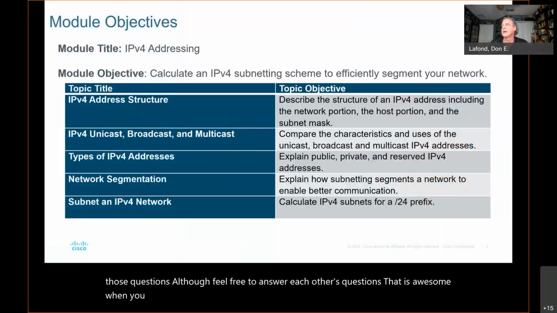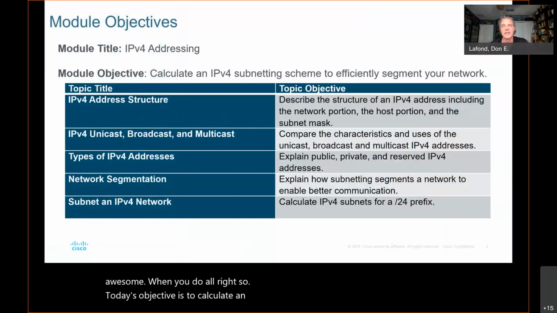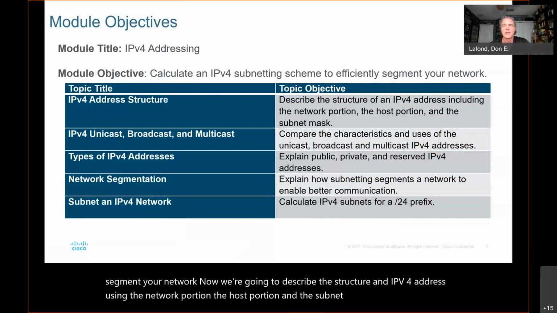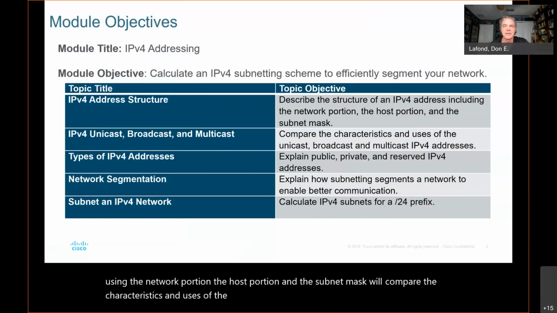All right, so today's objective is to calculate an IPv4 subnet scheme to sufficiently and efficiently segment your network. We're going to describe the structure of an IPv4 address using the network portion, the host portion, and the subnet mask. We'll compare the characteristics and uses of unicast, broadcast, and multicast IPv4 addresses. We'll explain public, private, and reserved IPv4 addresses.